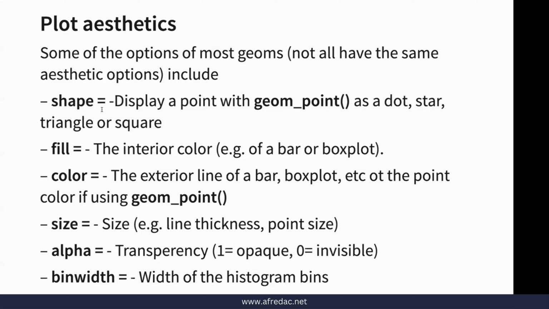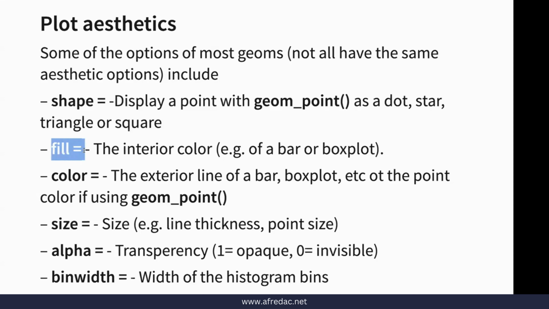It can be something like the shape, if you want to display the points of that geom point plot or scatter plot. If you want it to be a star or a triangle, you can change it by using the shape. We'll see shortly how this can be done. Then we may want to change the interior color of a box plot, a bar plot, or even a histogram, so we can use the option called fill.